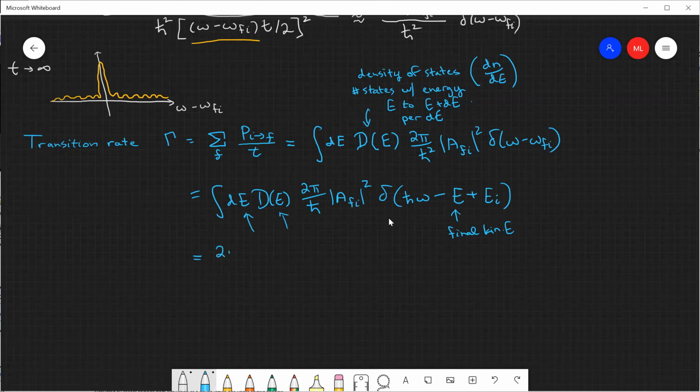So this becomes 2 pi over h bar A_FI squared. And now this is the density of states evaluated at the initial state plus h bar omega, which is the kind of associated energy of the perturbation that you're putting in. And this is called Fermi's Golden Rule.